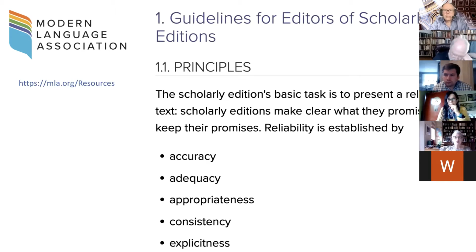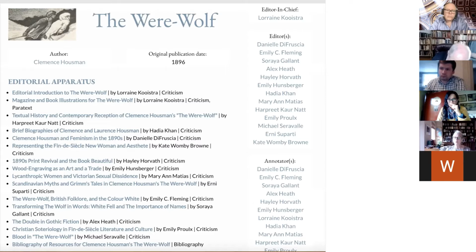So the course, I mentioned it was 12 weeks. It went from January to April. After the course was over in May, I submitted the entire edition, which included an annotated primary text of this novella, a little less than 100 pages long, an editorial essay by each student in the class, as well as by me, and a timeline.